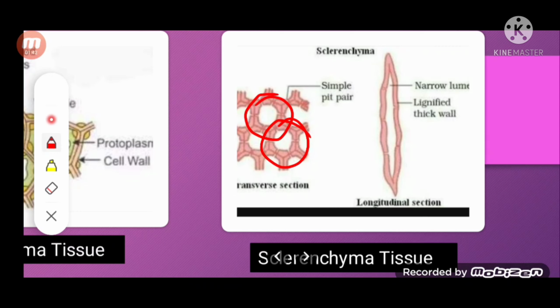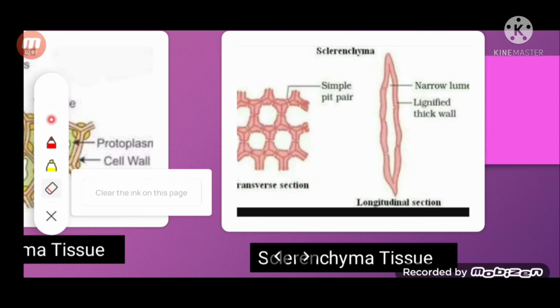So they are made up of thick lignified cell walls, and you can see here in longitudinal section they have a narrow lumen. So they are dead cells, there is no protoplasmic content and the cell is thicker all over. Now the other characteristics of these tissues.